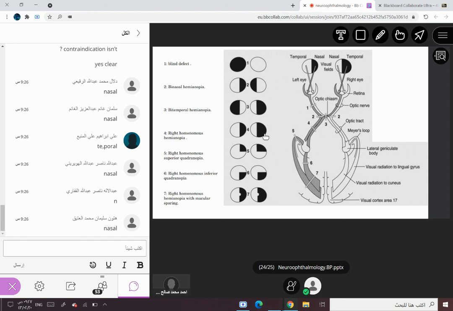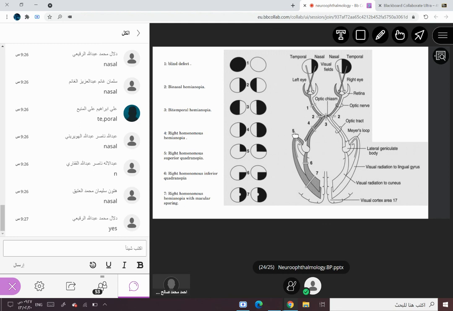The patient will have right homonymous hemianopia. Okay, right homonymous hemianopia. Clear? Why? Because he has affected left temporal retinal fibers and right nasal retinal fibers.